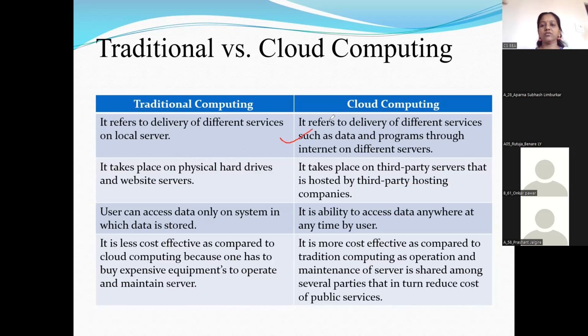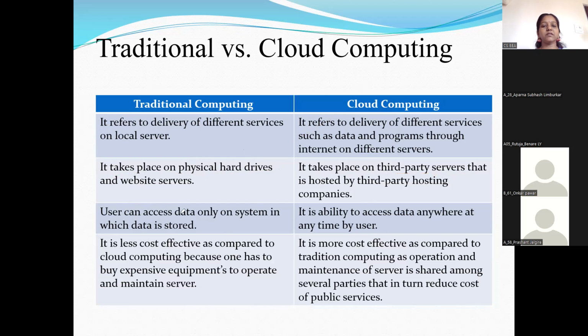Then cloud refers to the delivery of different services such as data and programs through the internet on different servers. In traditional, it takes place on physical hard drives and websites. But in the case of cloud, your data is stored on a third party server.